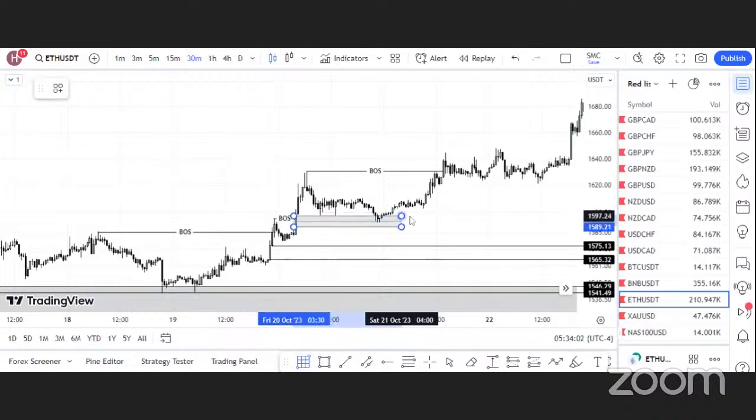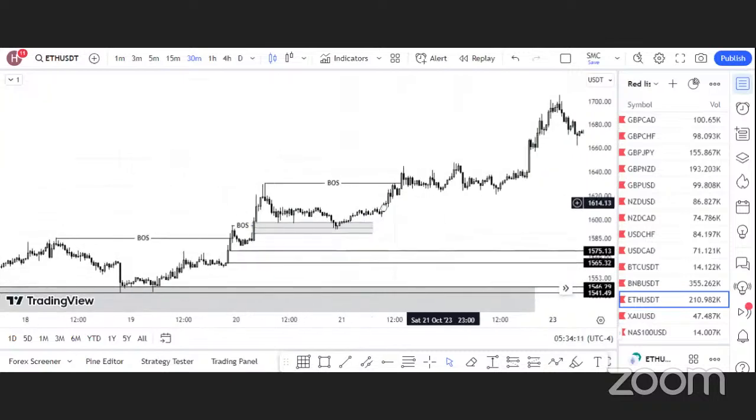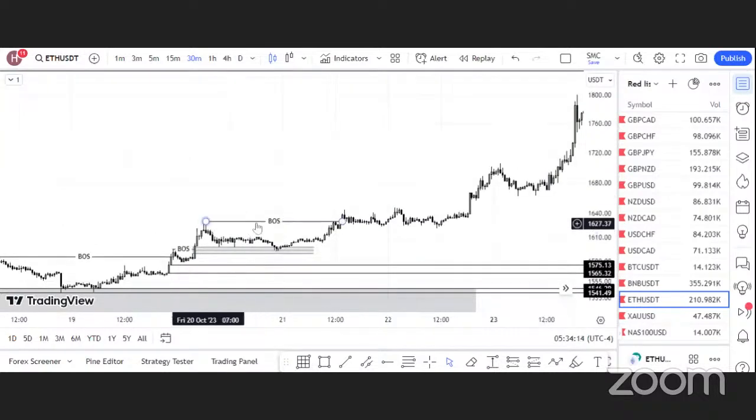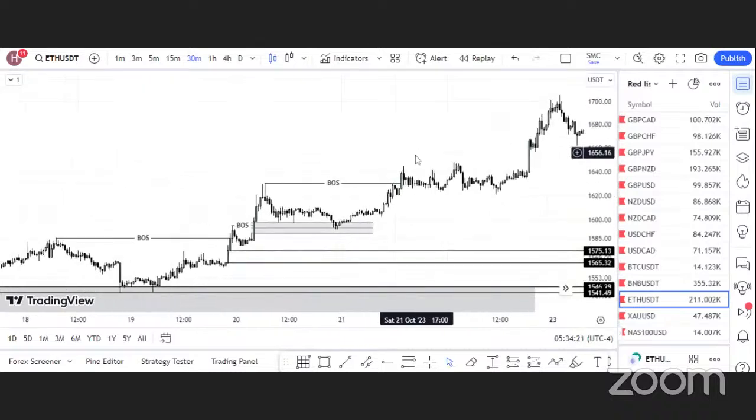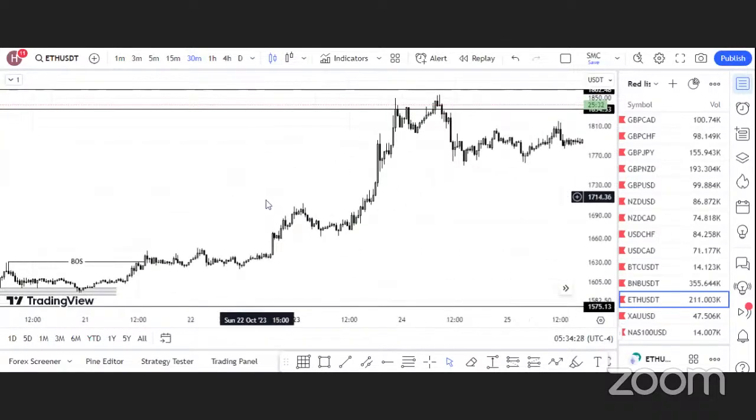The market came into the fair value gap, okay, respected it, and then it just continued to go up, leaving this fair value gap. So after this was created, the next thing to look out for is the next break of structure and then the next fair value gap that is going to get respected. Yes, the market will do that sometimes. All right. So when you think the market will come back to the higher fair value gap to respect it, the market will just continue to move to the upside, okay, or move to the downside, depending on the direction the market is heading.